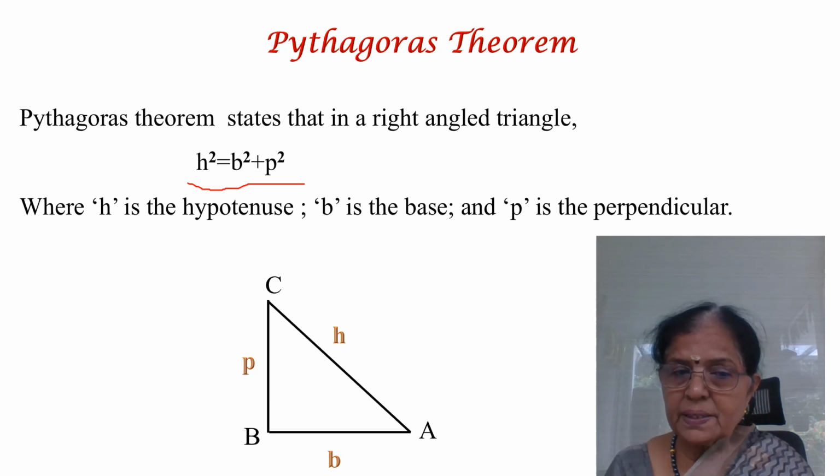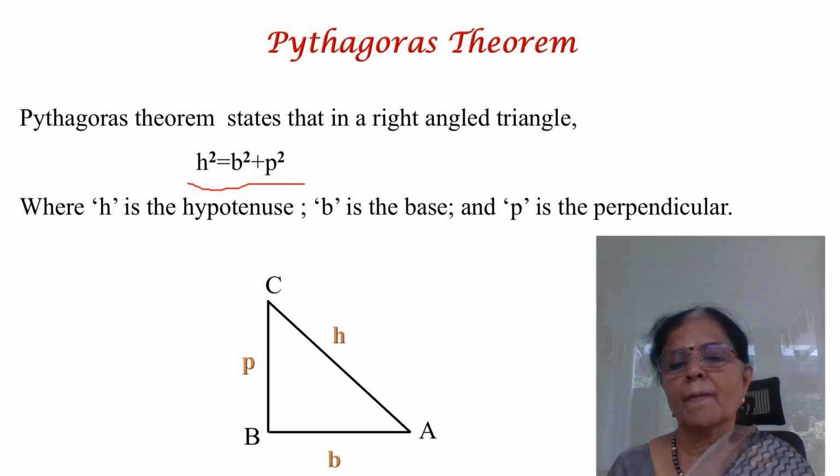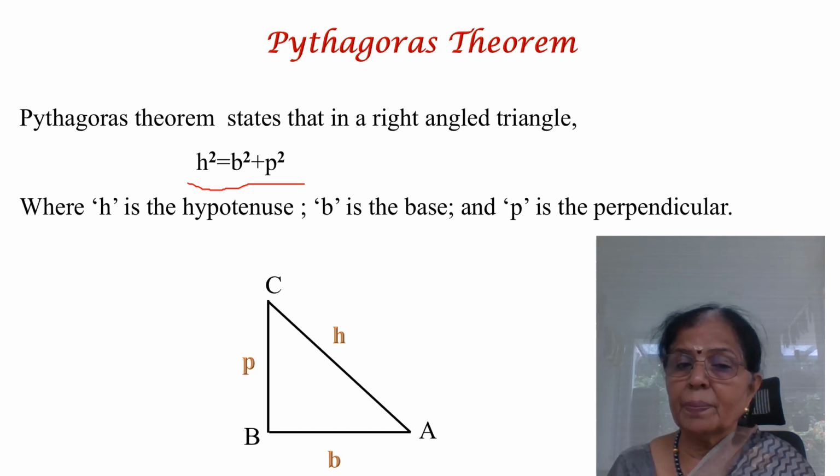The same thing is expressed in the form of letters here. I repeat, the square of the length of the hypotenuse equals the sum of the squares of the lengths of the other 2 sides. Now, this Pythagoras theorem is usually applicable to a right angled triangle.